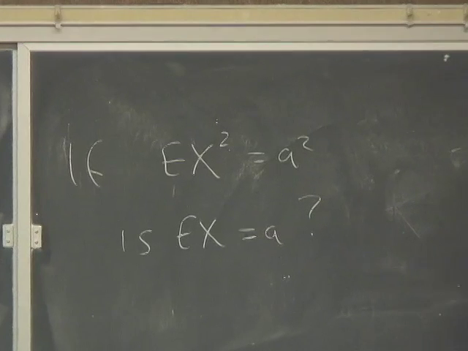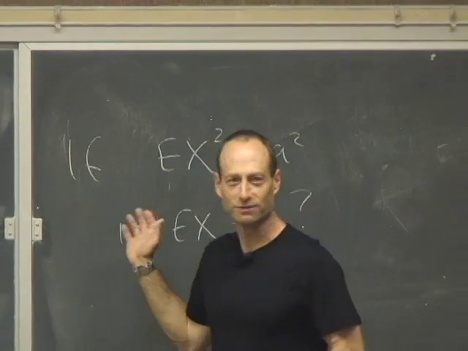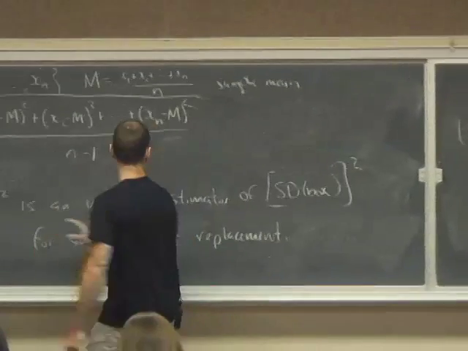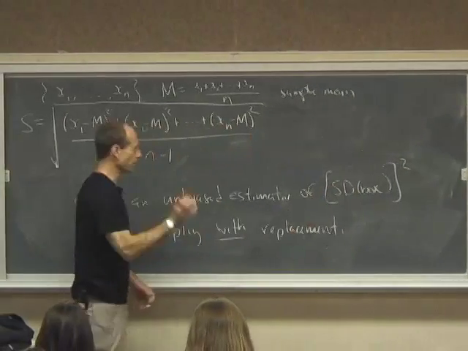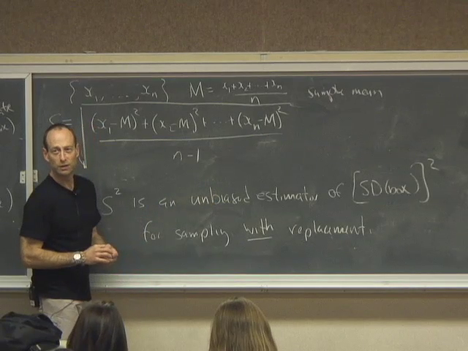Not necessarily. Typically not, in fact. S squared is unbiased for SD of the box squared. That doesn't mean that S is unbiased for SD.